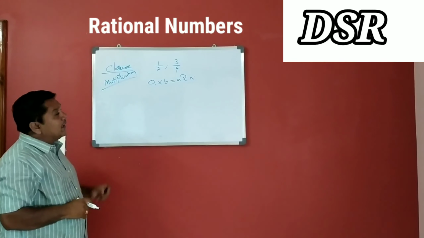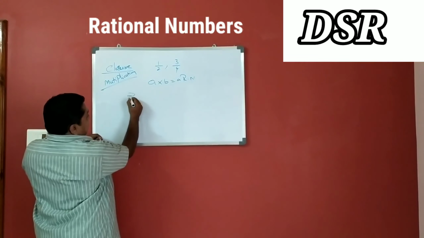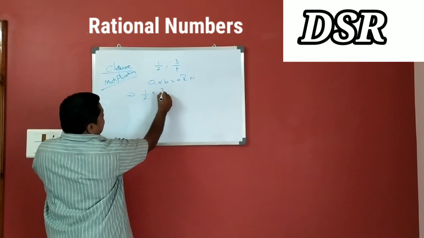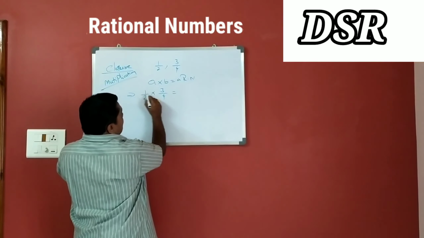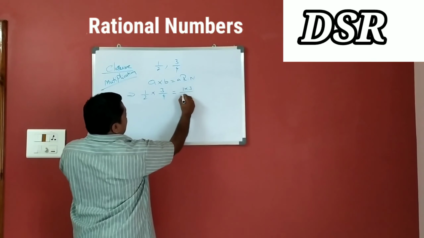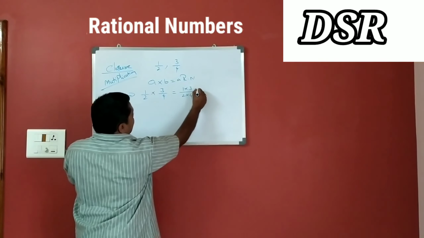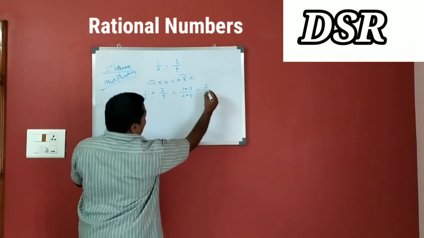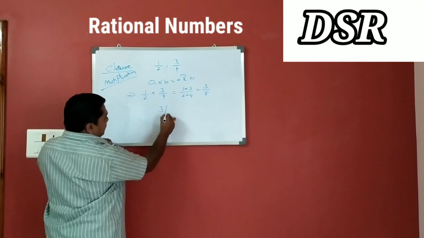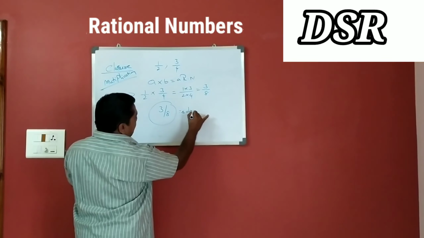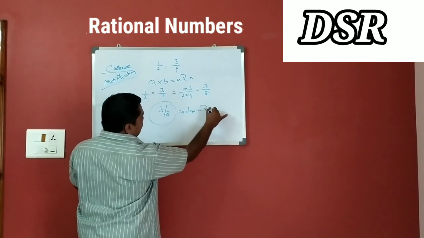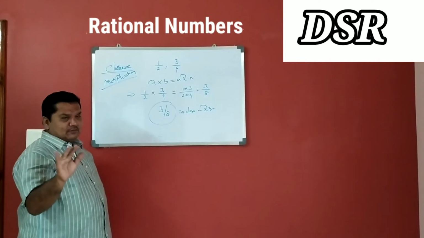In place of A and B we write 1 by 2 and 3 by 4. Multiply numerator into numerator, denominator into denominator: 3 ones are 3, 2 fours are 8. So we get the answer 3 by 8, which is also a rational number.